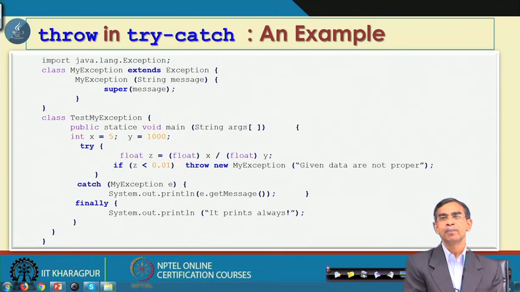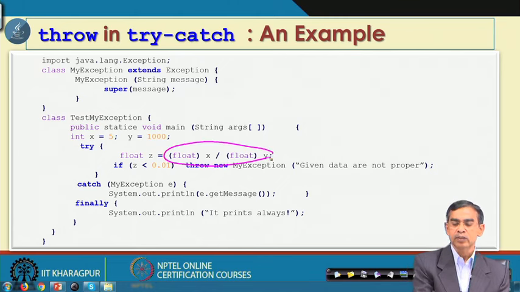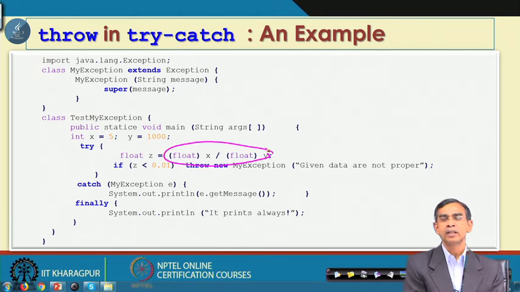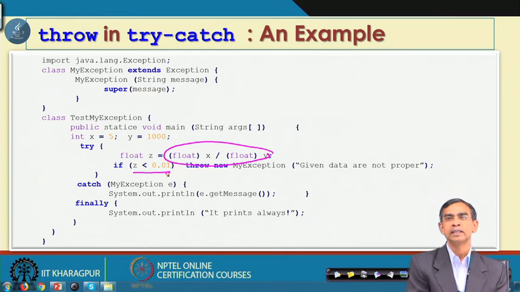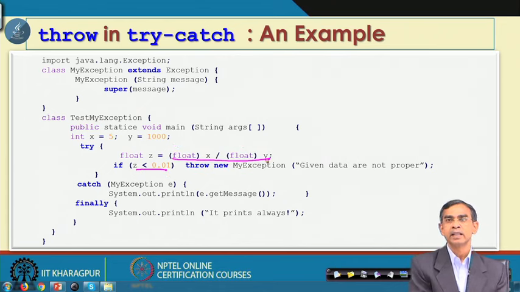But sometimes the user can say that if this ratio is within a threshold, for example, if z is less than 0.01, then only you raise the exception. So, here if z, which comes from this arithmetic operation, is less than this value, then it will throw the exception with this message.